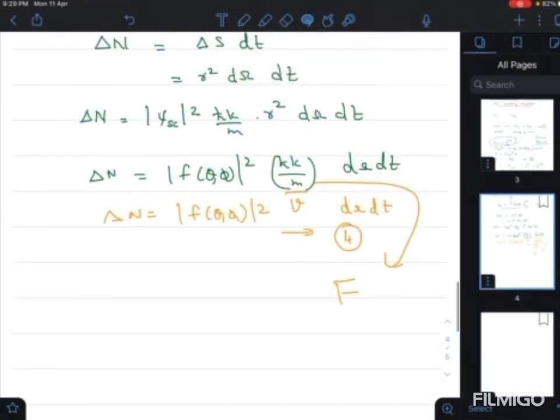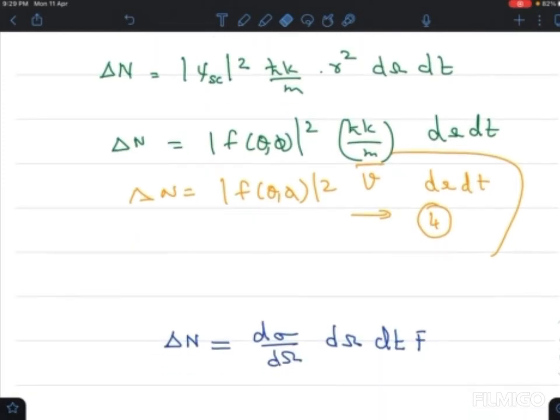This is my delta n, which I got in my previous lecture notes, just the first part of it.